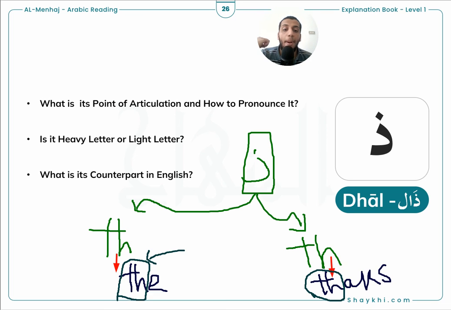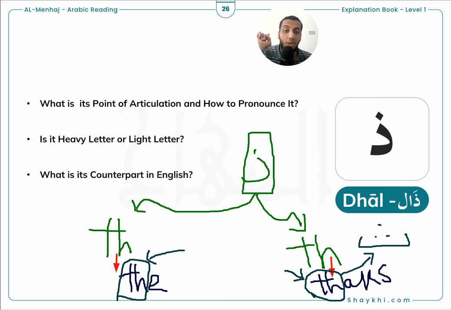So what about the th in the word "thanks"? This th is the counterpart of letter Thā, as we discussed in the episode on letter Thā. For those who remember it, if you didn't see that episode, go and watch it first.